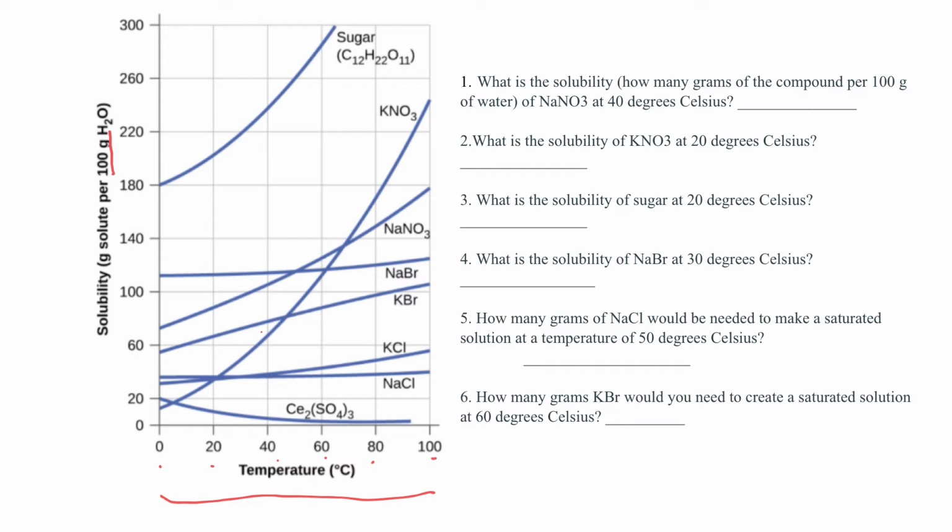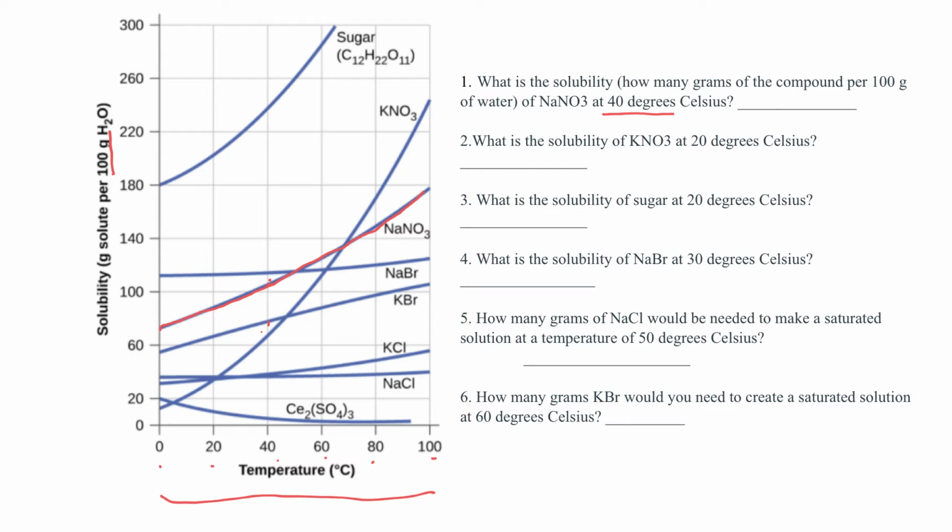So we're looking at sodium nitrate, and this is the line for sodium nitrate. And it wants to know what the solubility is at 40 degrees Celsius. So we find 40 degrees, and we follow it up to this line right here.